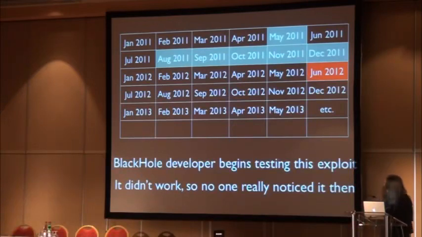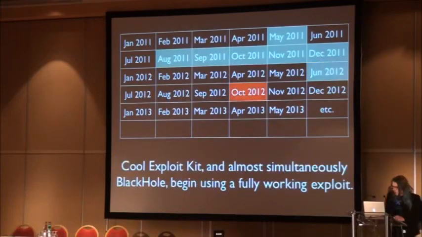It doesn't work." And when I saw that, I immediately recognized, oh, this is this exploit. So apparently it was in testing on some beta test site for the Blackhole exploit kit back in June, and then it didn't really show up again until October when it actually worked.